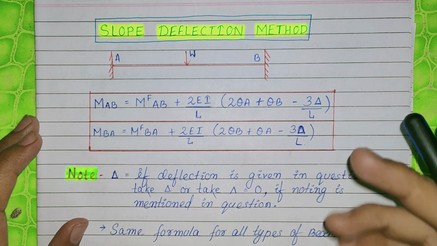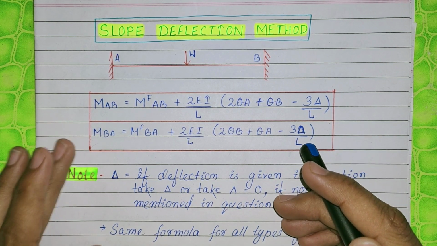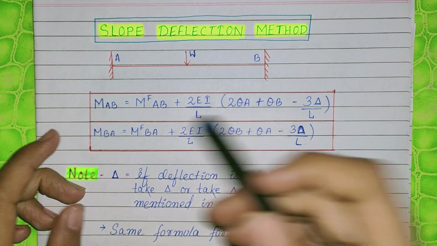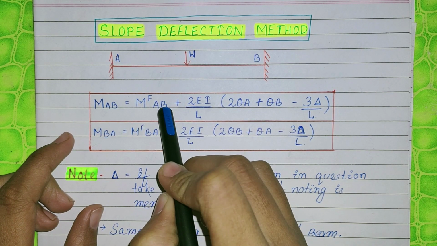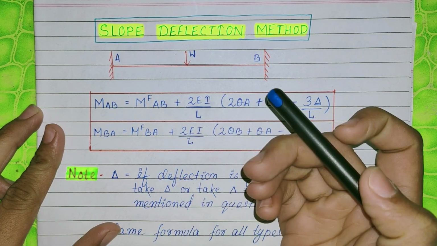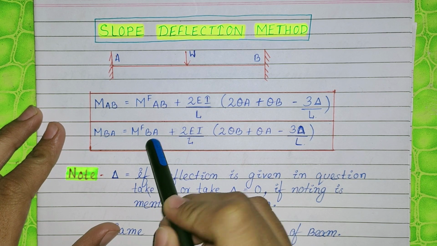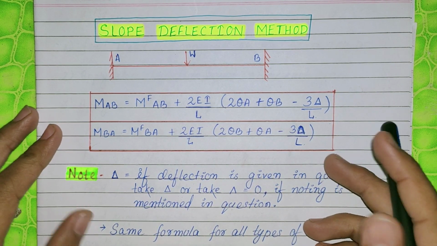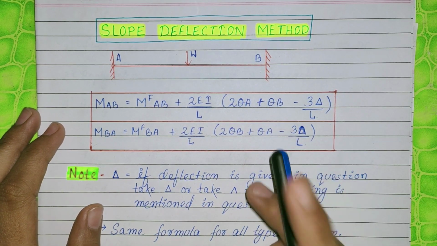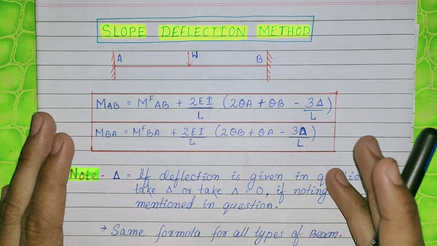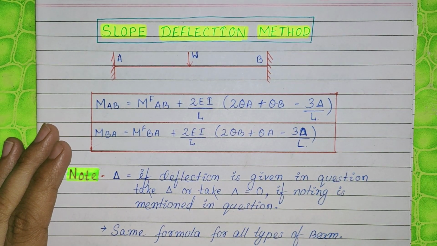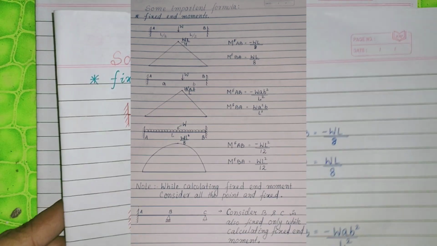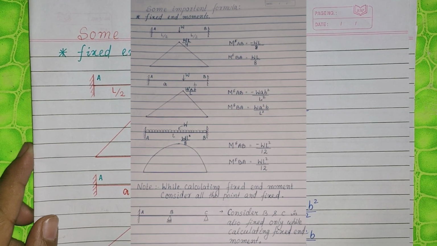Here is one more thing that you have to remember, that is the fixed end moment about AB and the fixed end moment about BA. Now, I will show you the formulas you have to remember for fixed end moments. See this formula carefully and take a screenshot.